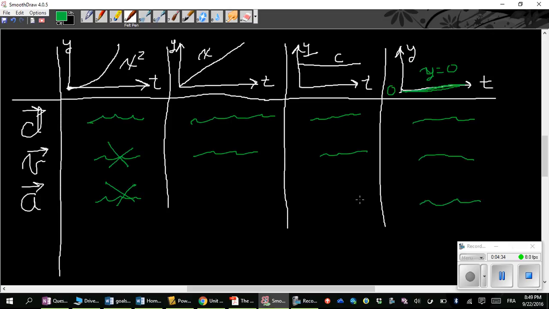That's pretty obvious. Acceleration, that's constant. That's pretty obvious. An acceleration that steadily increases in a uniform manner, I'm not sure about this one. I don't know if we talk a lot about this one in physics.